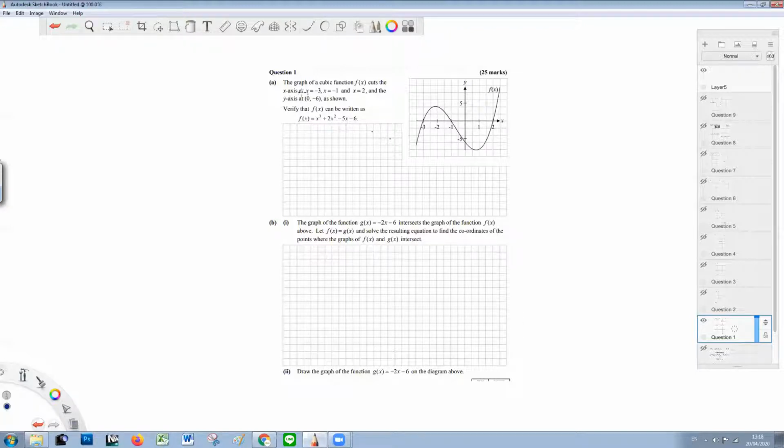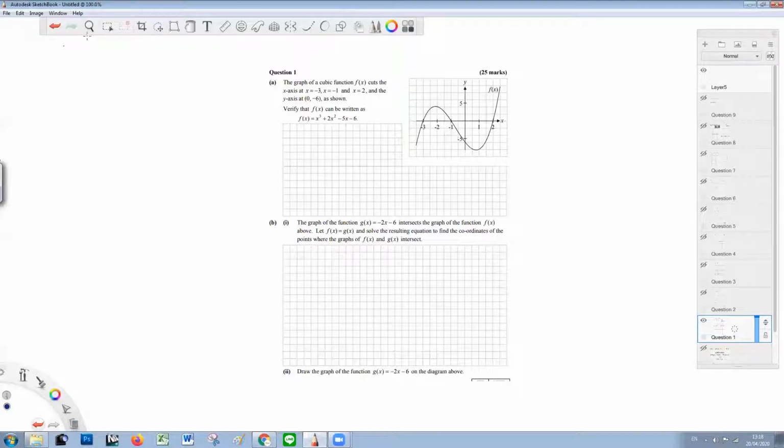In fact, we're even given these points: the graph of the cubic function cuts the x-axis at x equals -3, x equals -1, x equals 2, and the y-axis at this. Verify that this can be written as this.